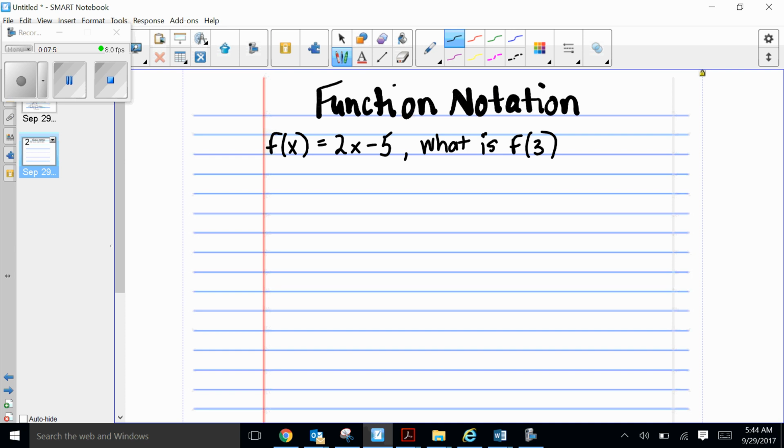So think of your function machine. This would be my input. And I'm looking for my output, which is all of f of x, or we know that can stand for y. So I'm going to plug in my 3 into my equation. So 2 times 3 minus 5. That's 6 minus 5, which equals 1. So I can say that when I have an input of 3, f of 3 is going to equal 1.